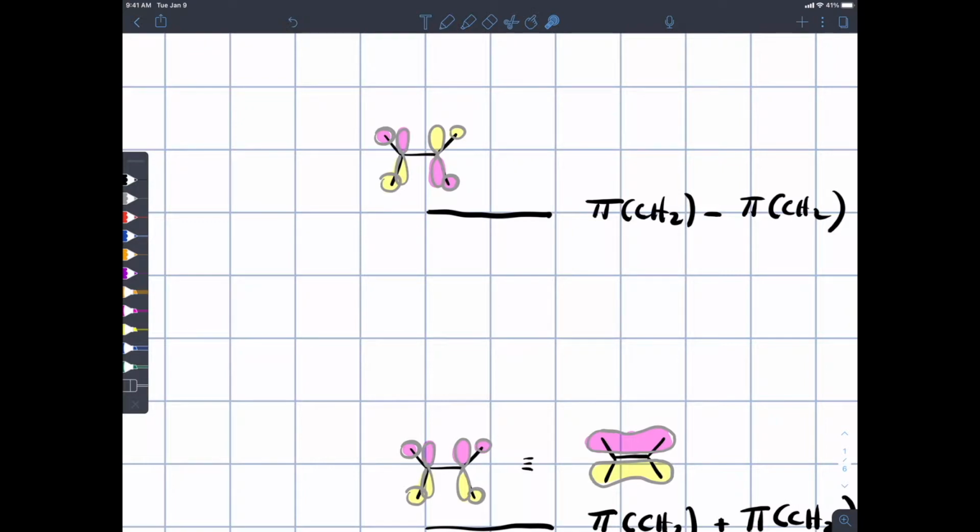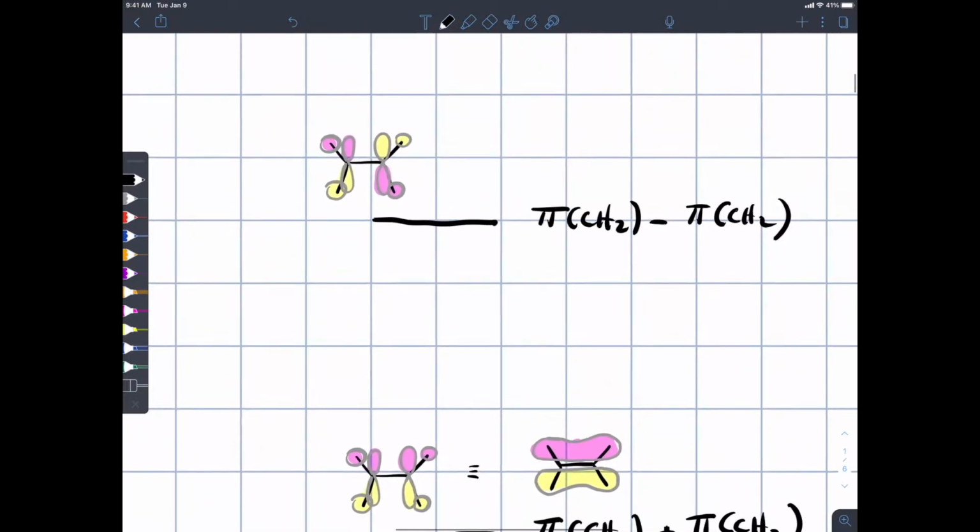Now, again, you may ask, isn't this an antibonding orbital? Well, yes and no. It's antibonding in the carbon-carbon bond sense, but it still has overlap with no change in wave function sign between the carbons and the hydrogens, and so it's still carbon-hydrogen bonding.